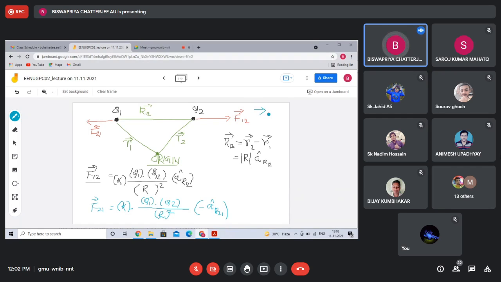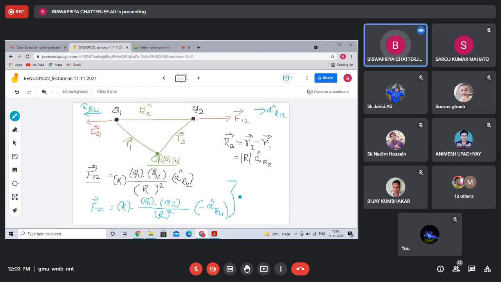This is the direction of a R12, however this is the direction of a R21. They are oppositely directed, so a negative sign is written.